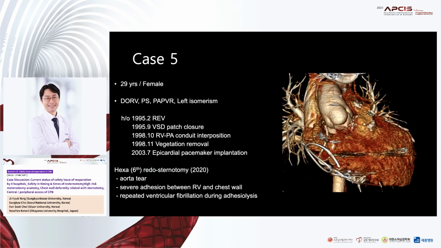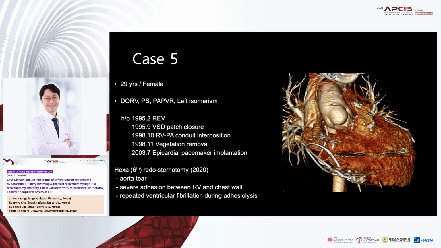The last case is a 29-year-old female with DORV, PS, PAPVL, left isomerism. She had a history of RV operation with patch closure, RVPA conduit insertion, vegetation removal, and epicardial permanent pacemaker implantation.